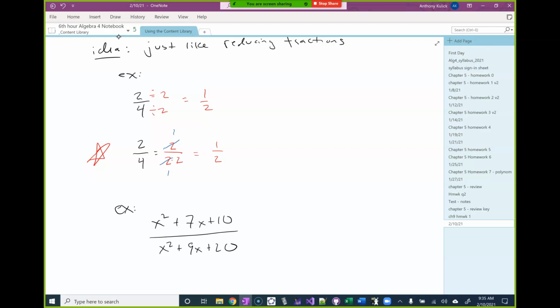Note that these are both polynomials: a polynomial in the numerator, a polynomial in the denominator. Everybody agree with that? Let's see, can I just cross out the x squareds? No. Why was I able to cross the 2s out in the example before, but I can't cross the x squareds out?